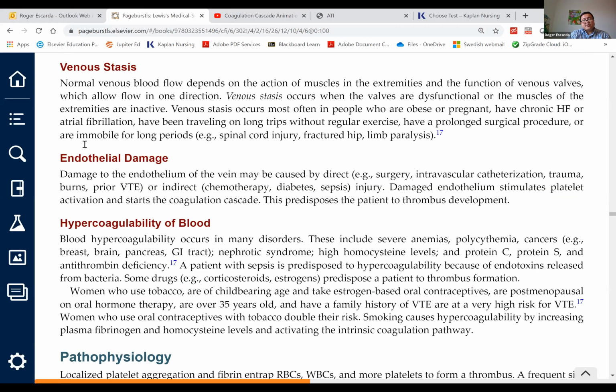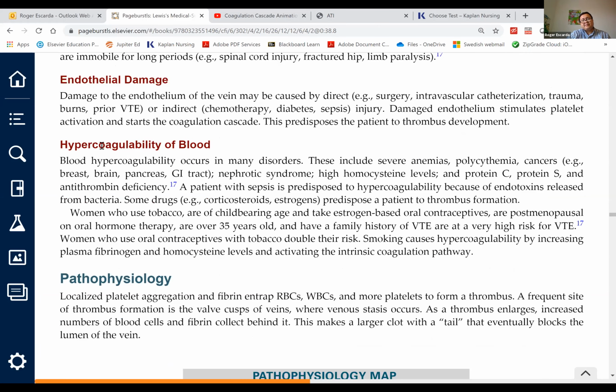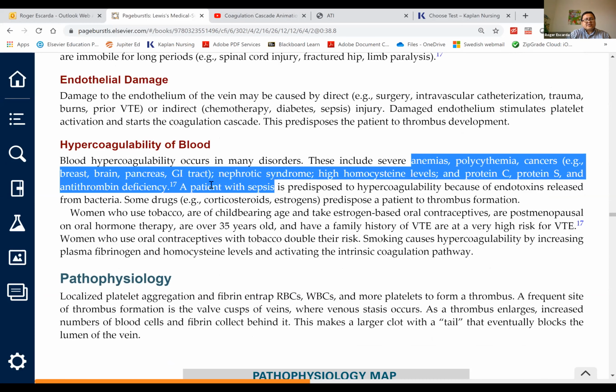And then finally, hypercoagulability. Hypercoagulability means you have a higher tendency to clot. These are the conditions that lead to that. Not only an increased number of cells, such as what happens in polycythemia, another hematologic disorder discussed in chapter 30. Dehydration: if you have dehydration, what happens to your blood concentration?